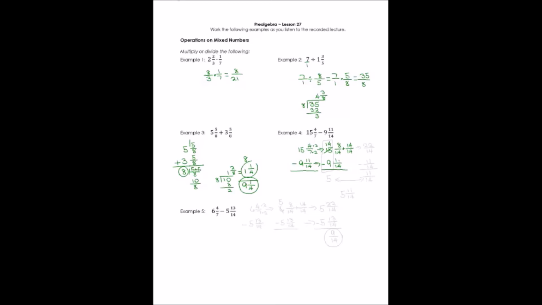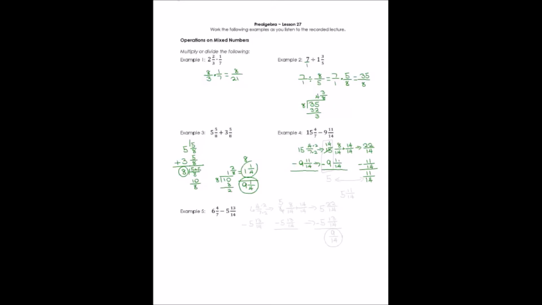I now have up here in my first fraction 8 plus 14, which is 22 fourteenths. And I'm going to be subtracting 11 fourteenths for a total of 11 fourteenths in my answer. Okay, that's my fractional answer.